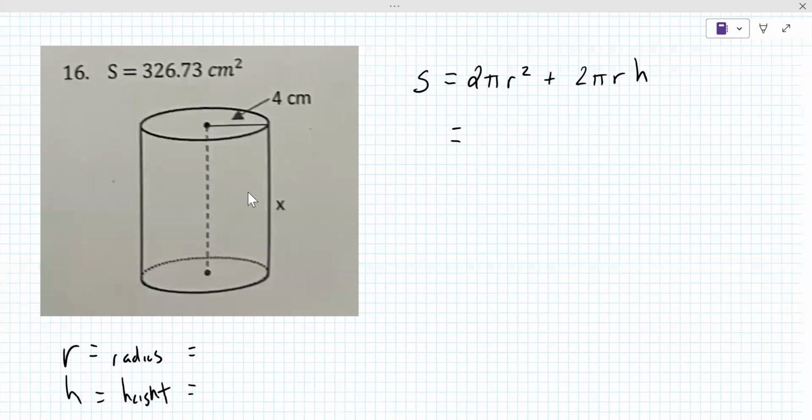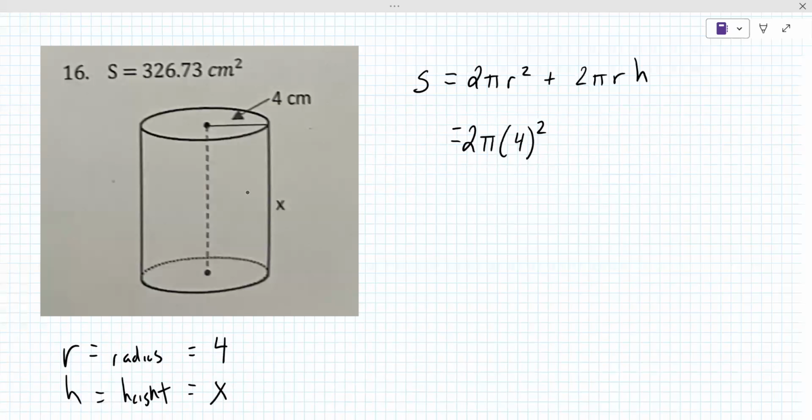The given values, that's 4x right down there. For which one, the radius or the height? The radius. The radius is 4. Yeah. What is the height? X. Okay. All right, so now we can substitute those values into the equation here.